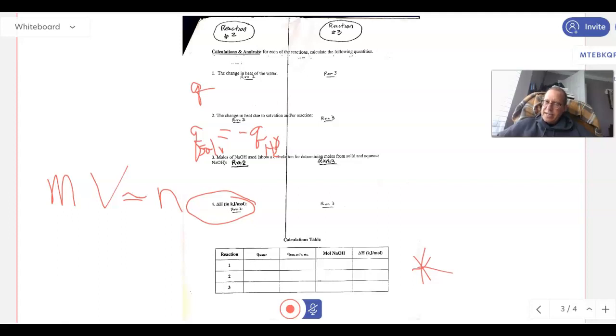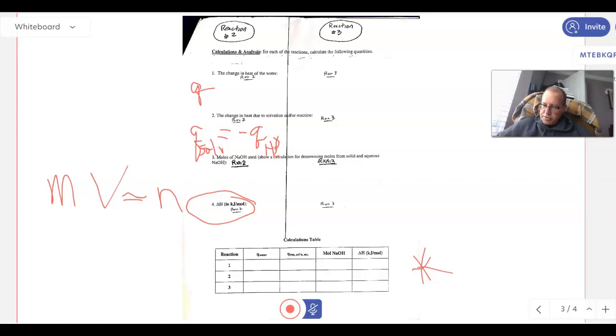I may need to help you on that one, but it should be pretty obvious. Number 8 asks, how are the net ionic equations for reaction 1, 2, and 3 related? That's more or less saying the same thing as 7, although you'd be putting it into words.